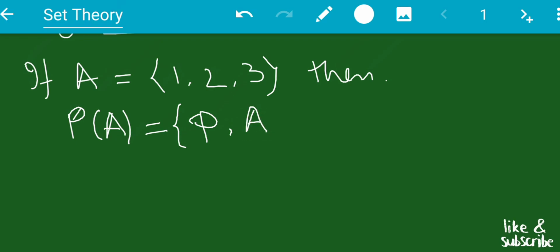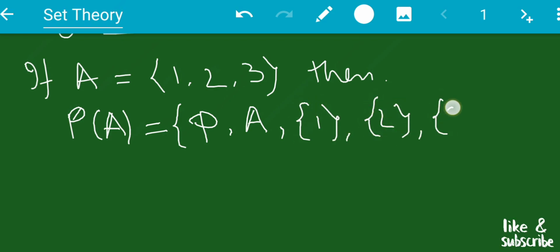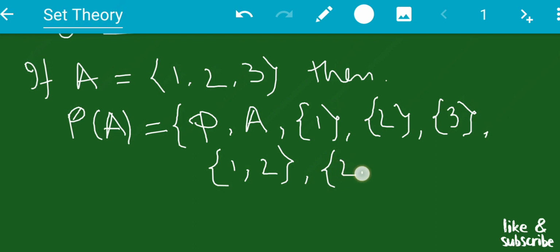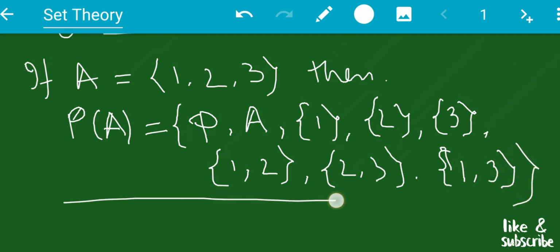These are called improper subsets of A. They are trivially subsets. The empty set is always a subset of any set, and the set itself is again a subset. And the other subsets are as listed. So this is a power set.